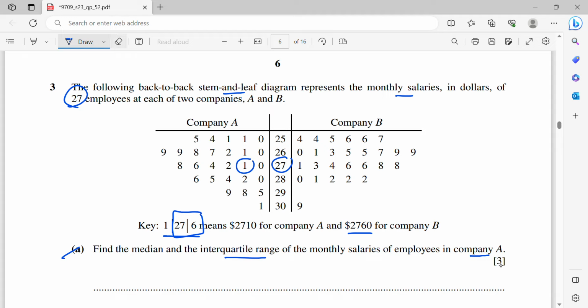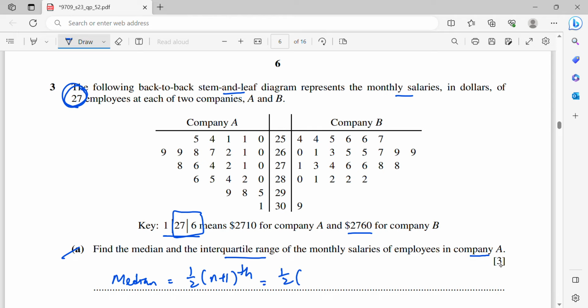Now (a), find the median and interquartile range for the salaries of employees in company A. Since we know that there are 27 employees for each company, my median, Q2 (you can just write median or Q2), will be the (n+1)/2 th value.